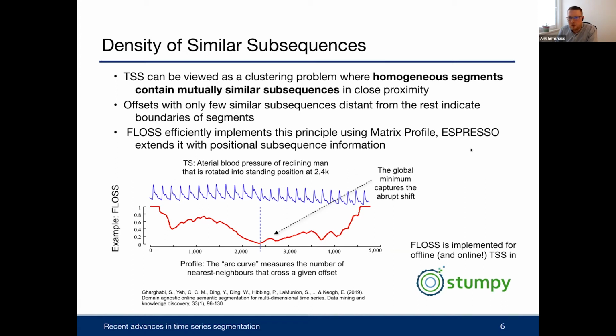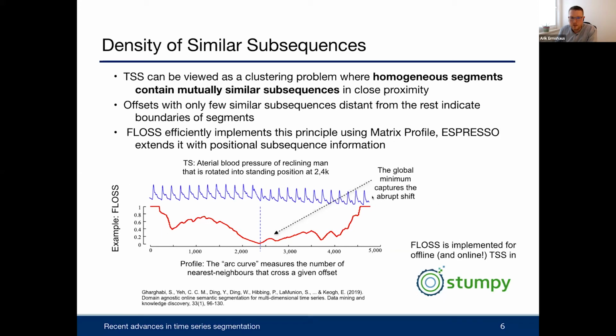There have been approaches that extend this kind of method. ESPRESSO is one notable one, which extends this approach with positional subsequence information. The main problem with this kind of approach is when the first segment comes up again later on.